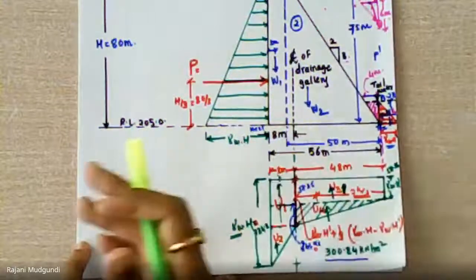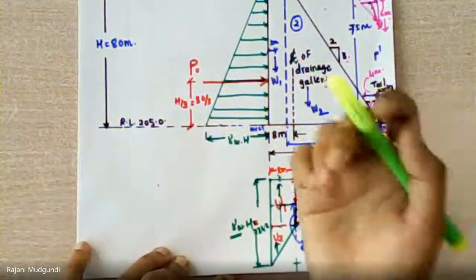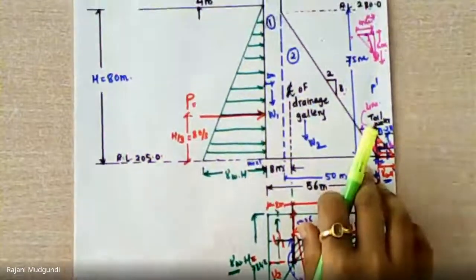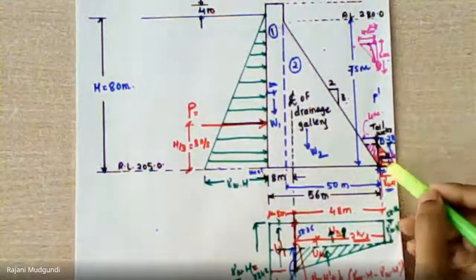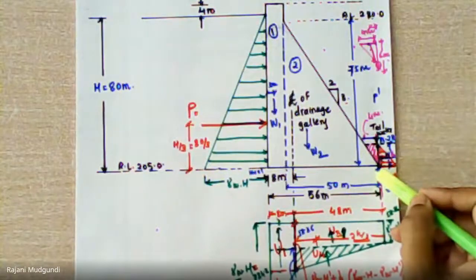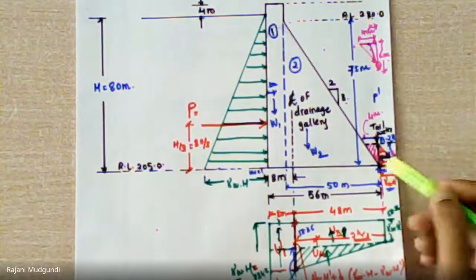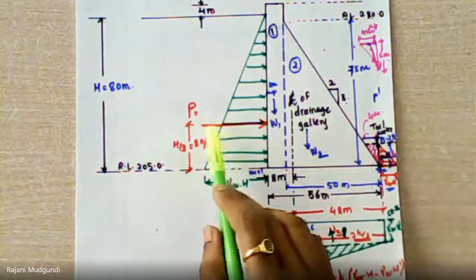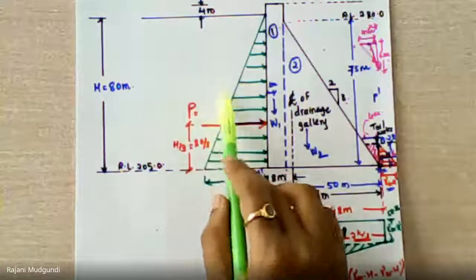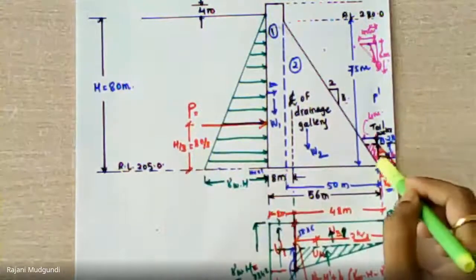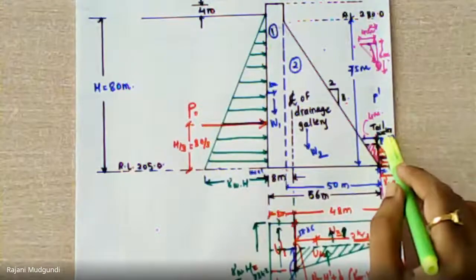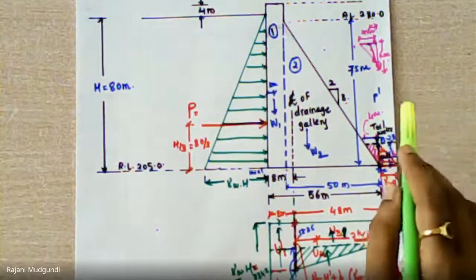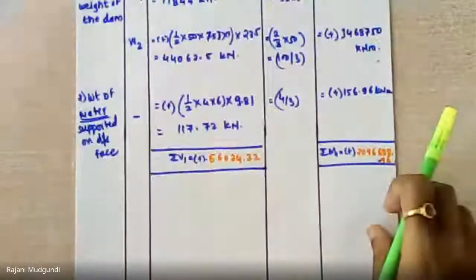Then coming to the horizontal forces part, we have the hydrostatic pressure distribution diagram on the upstream side, as well as the tailwater on the downstream side, which will have a horizontal thrust on the dam. On the upstream side, the horizontal hydrostatic force is capital P, whereas the horizontal hydrostatic force on the downstream side, or on the tailwater, is indicated as P dash, right?